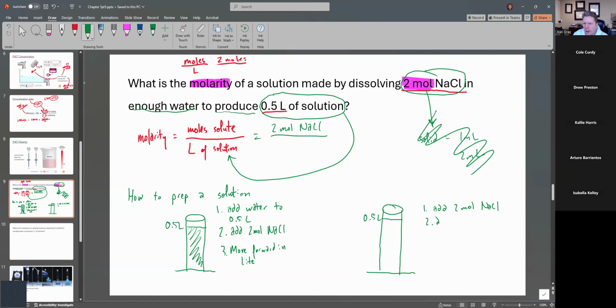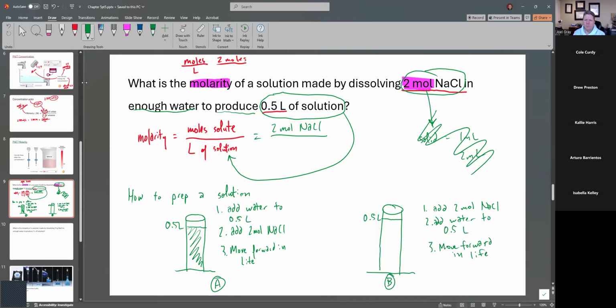Step two, add water to 0.5 liters. And then step three, move forward with life. Okay, so I'm going to call these option A and option B.